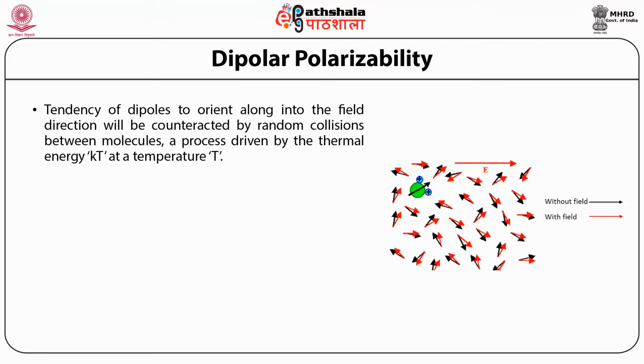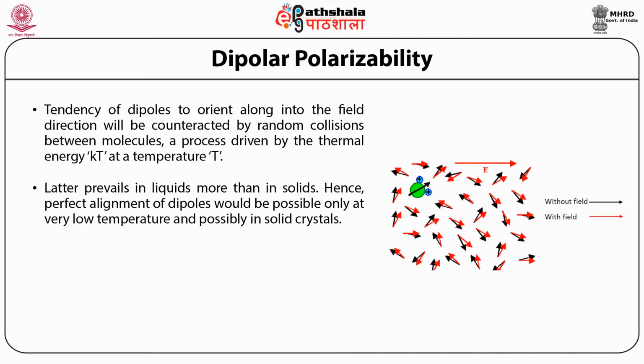We call it disorder. So basically, we apply an external field, and there is a competition between field-induced order and thermally driven disorder. The thermally driven disorder prevails in liquids more than in solids. Hence, a perfect alignment of dipoles would be possible only at very low temperature and possibly in solid crystals.